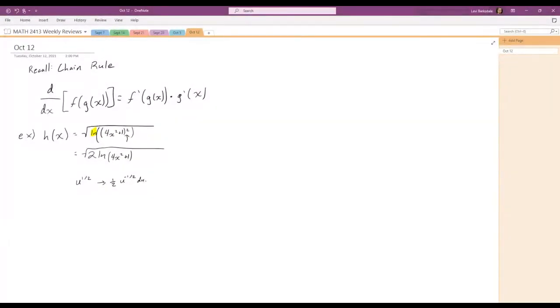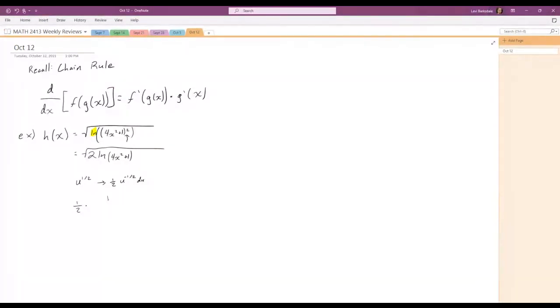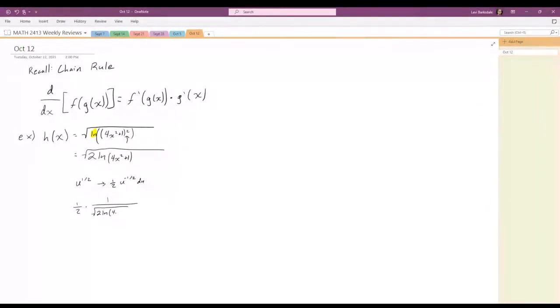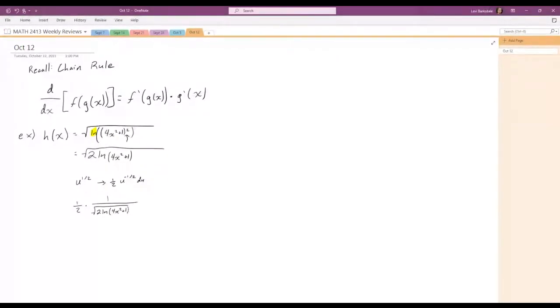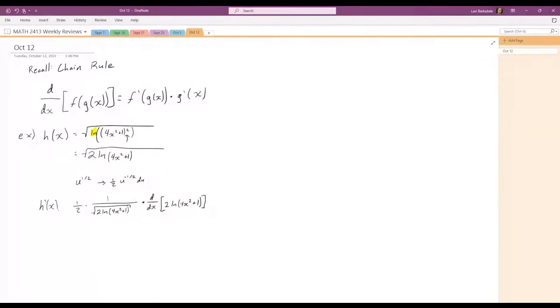So what I'm going to do is I'm going to end up with 1/2 multiplied by 1 divided by the square root of, we just leave the inside alone, and then we multiply it all by the derivative of the inside, which is 2 natural log of 4x squared plus 1. And this is h prime of x.